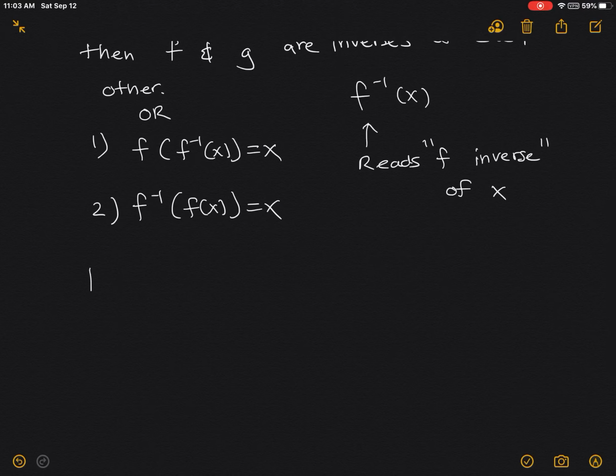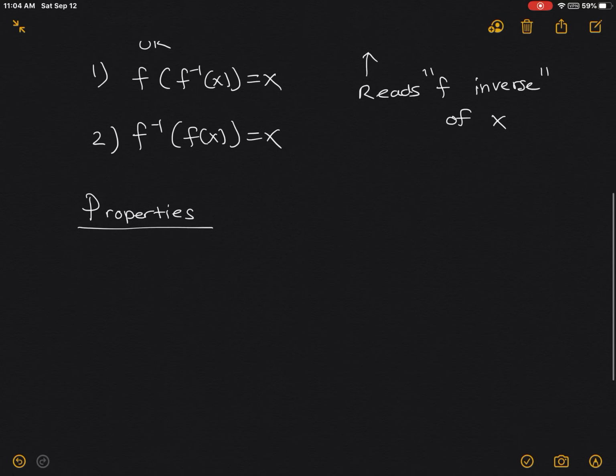Now let's take a look at some properties of inverse functions. Okay, and I will have 3 of them here listed for you. The first thing that you'll notice about inverses and inverse functions is that their coordinates are switched, or you can call it interchanged.